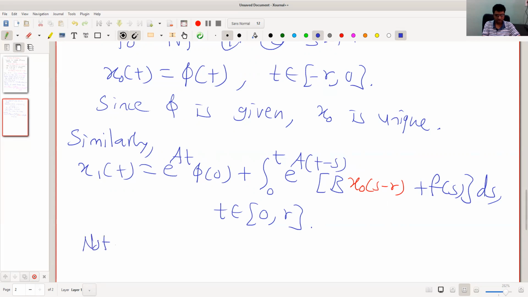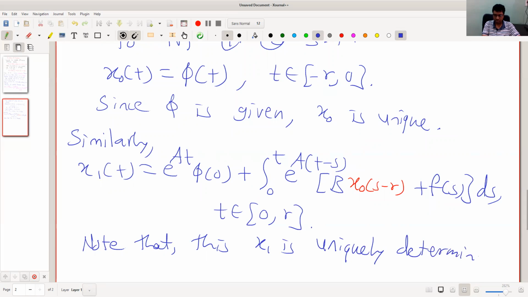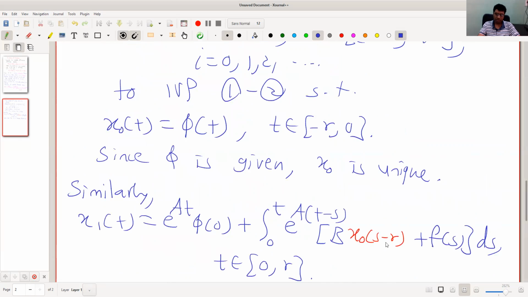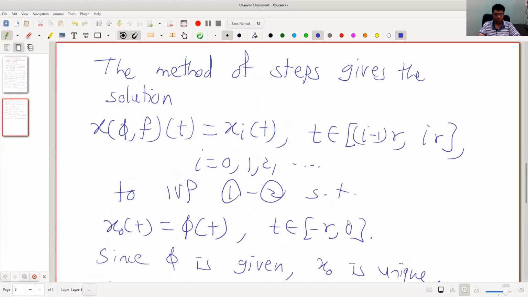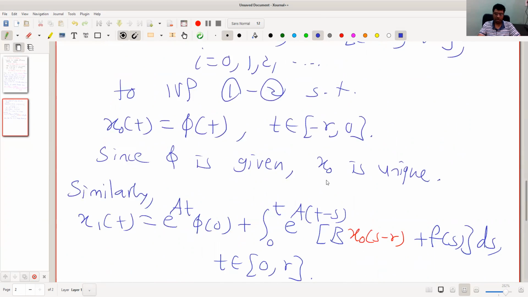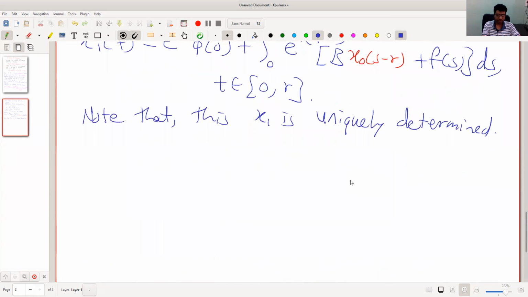Note that this x1 is uniquely determined. We can continue this procedure and find the unique solution x of phi f of t, and this proves the result.